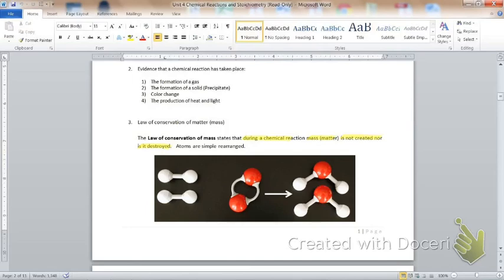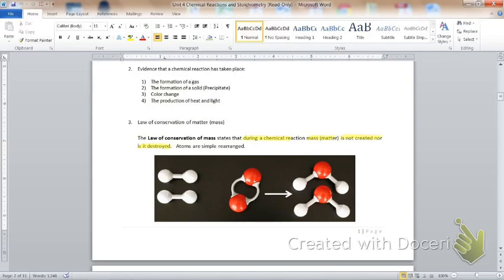So I have a kind of a diagram here of the reaction between oxygen and hydrogen. These are our two hydrogen molecules, and here's our oxygen molecule, and these are going to react together to end up producing our two molecules of water, H2O. Alright? So, notice that in this reaction, we start out with how many atoms of hydrogen?